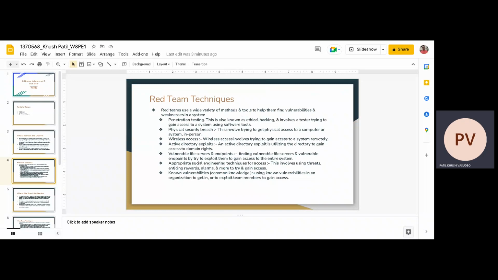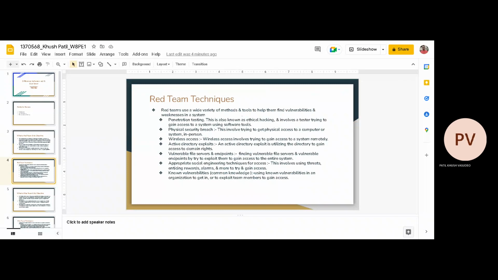The next one is physical security breach, basically trying to get physical access to the enterprise computer or system in person. The third one is wireless, that is, accessing the system remotely. Next one is Active Directory.